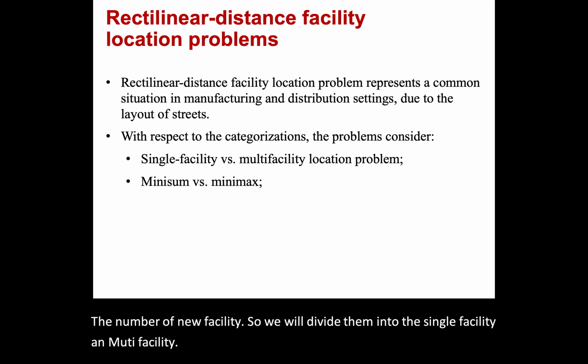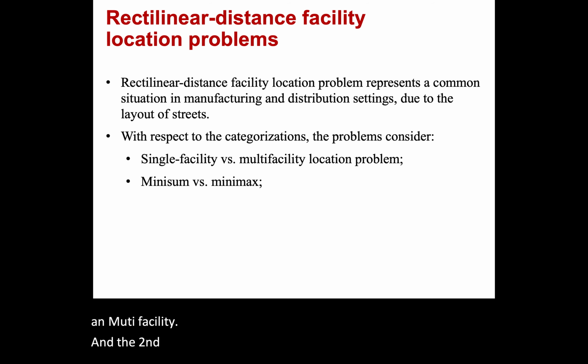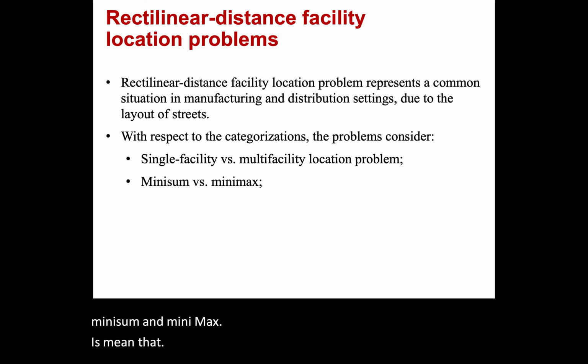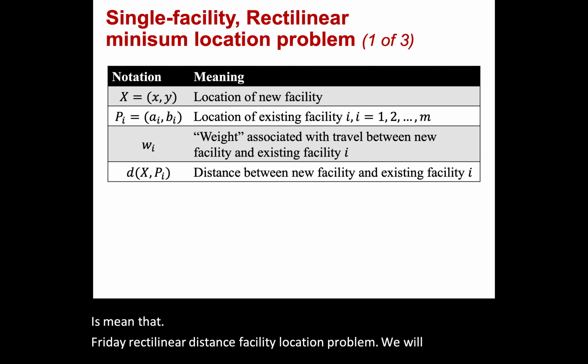And the second aspect is to consider the two criteria, minisum and minimax. It means that for the rectilinear distance facility location problem, we will consider four types.